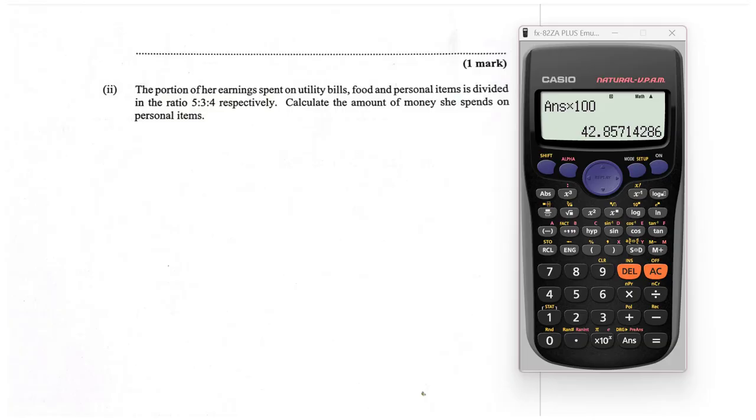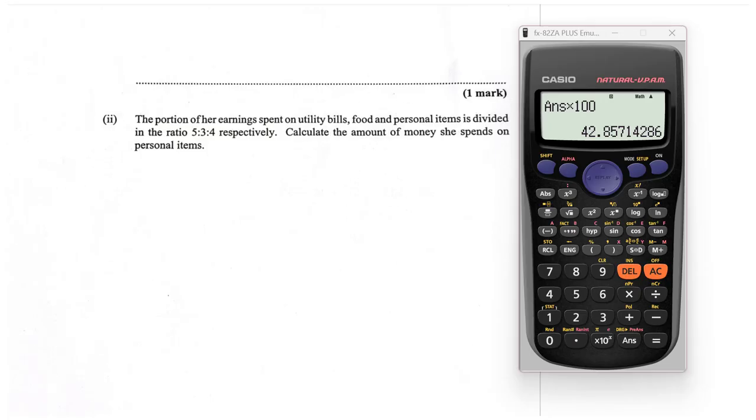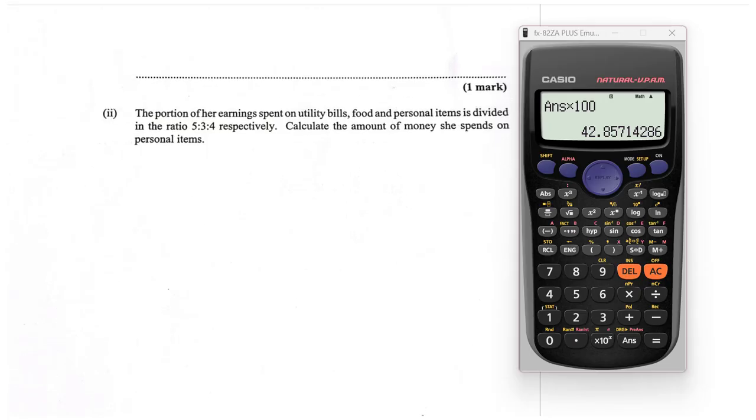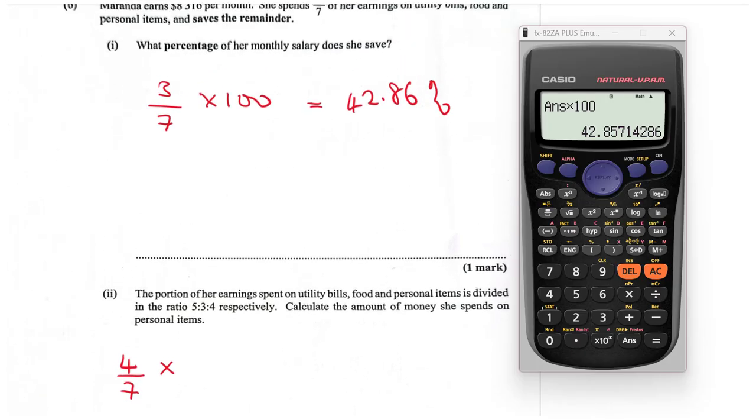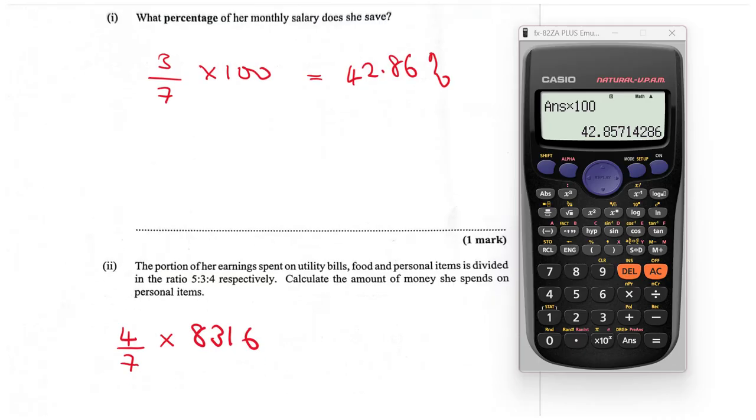Let us first calculate the amount of money she spends on utility bills, food, and personal items. The question already told us up here that it is 4 over 7 of her earnings. So it's going to be 4 over 7 times, and let us look back at her monthly earnings, so it is 8,316.